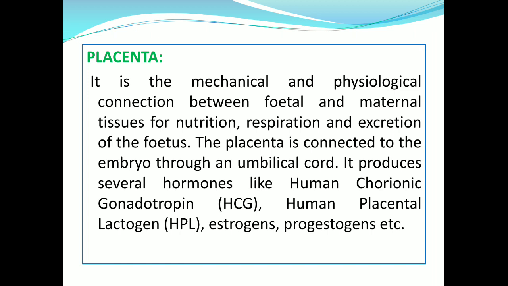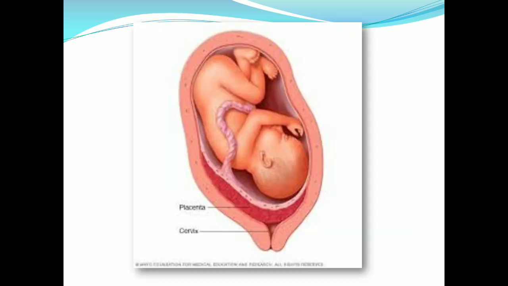Placenta, being an endocrine gland, is responsible for production of several hormones like human chorionic gonadotropin, human placental lactogen, estrogen, progestogens, etc. This is the figure which clearly shows the placenta and attachment of the fetus by the umbilical cord.